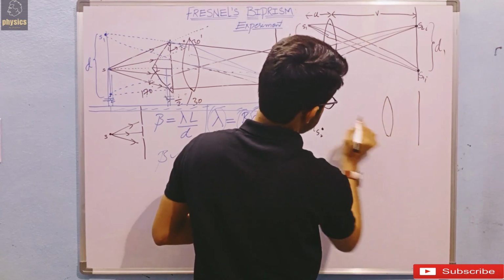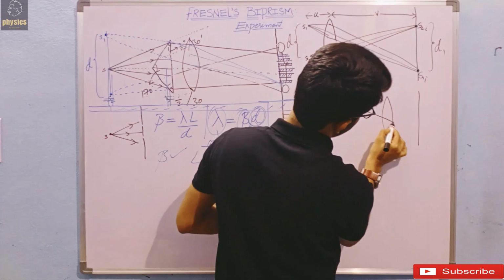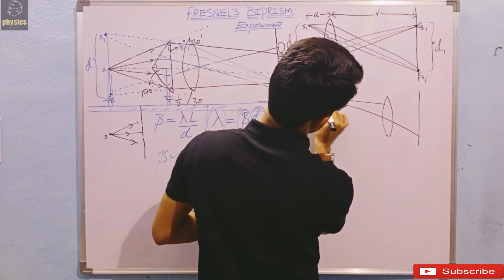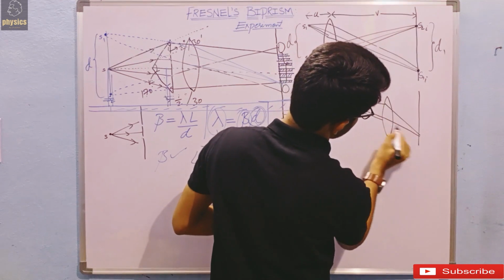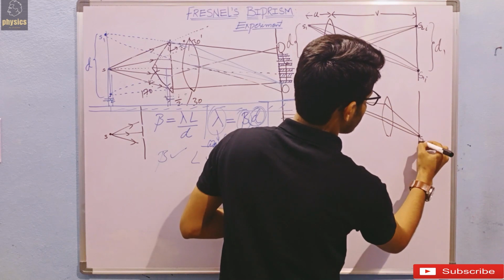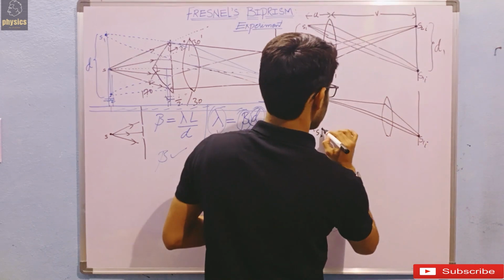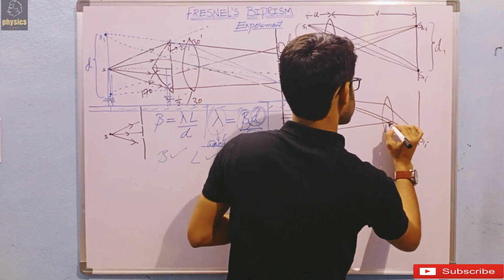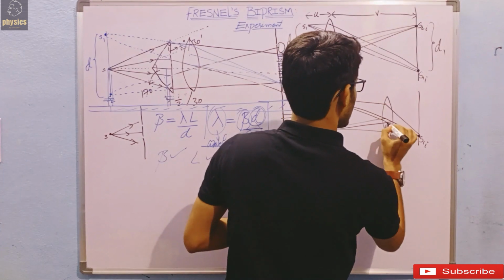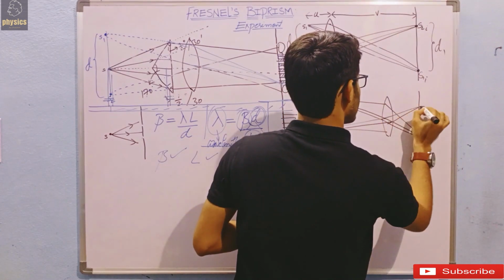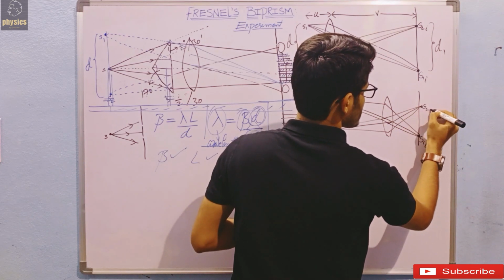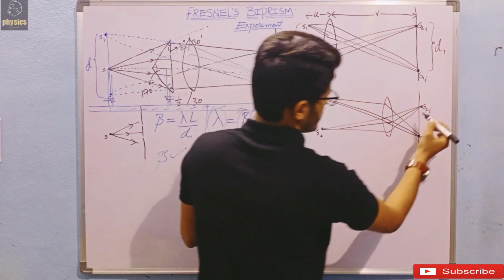It's my lens. So the light rays from this source will get focused at this particular point, and that's how we get the image of S1. Similarly, the light rays from this source will get merged at some point on the final screen, and that's how we get the image of the S2 source. So that's how we get this.